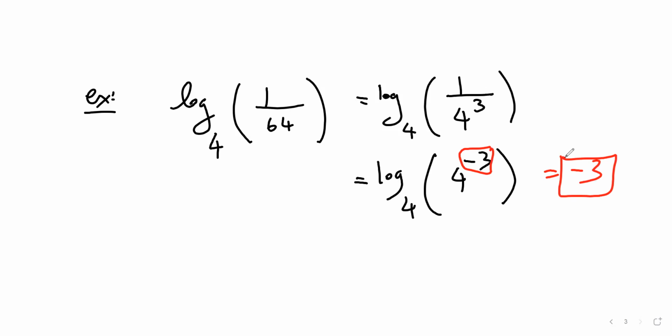Okay, so we have this. Now I want to introduce, before I get to the graph, which I'll do in a separate video, the common logarithm. This is a logarithm with the base 10.